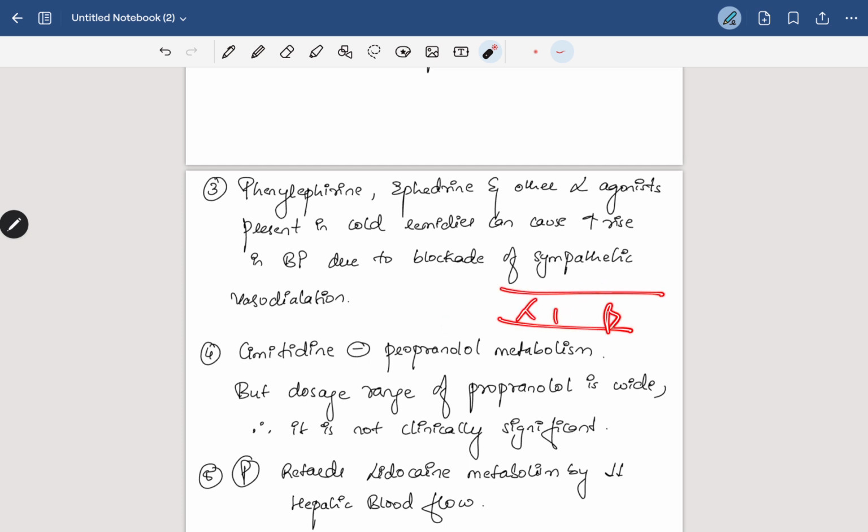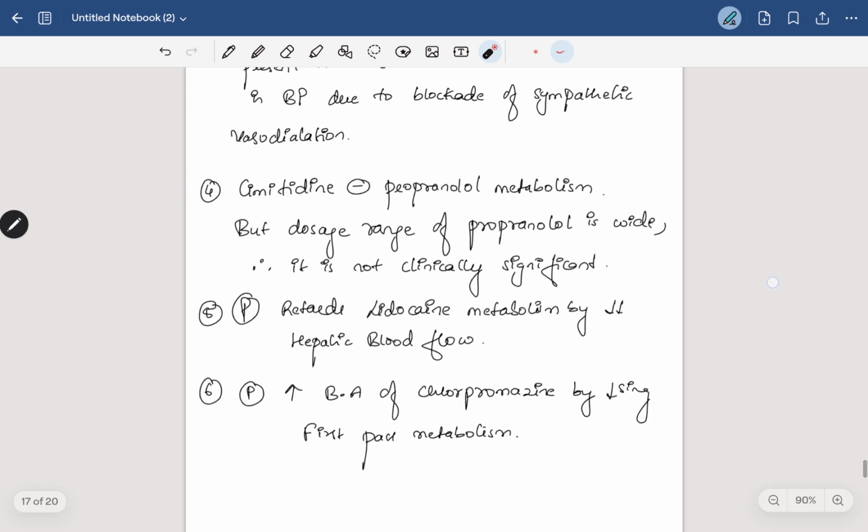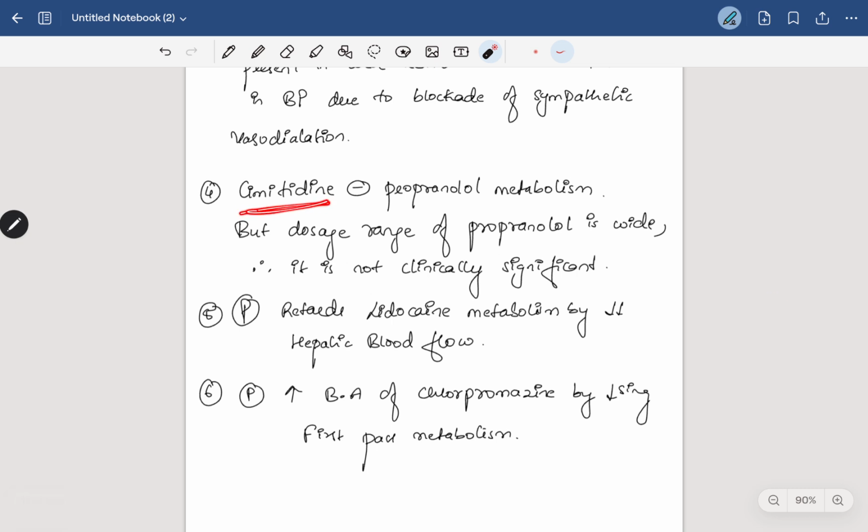Obviously, see alpha 1, beta 2, this effect is blocked, vasodilation is not happening, and with the alpha 1 agonist I'm giving, vasoconstriction is happening, which will lead to an increase in BP. Okay, when I combine it with phenylephrine and epinephrine. Next, cimetidine. Cimetidine inhibits propranolol metabolism, but the dosage range of propranolol is very wide. Therefore, it is not clinically significant.